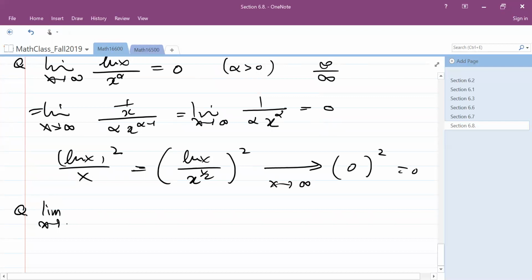Right, so the next problem: when x approaches 1, you have x sine x minus 1 over 2x squared minus x minus 1. How do you find the limit of this?